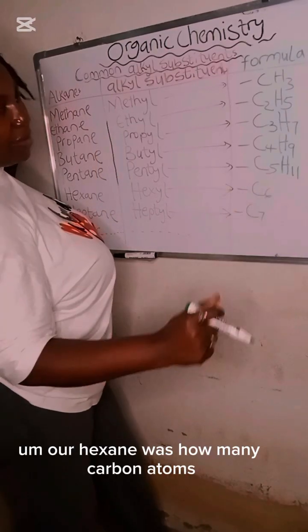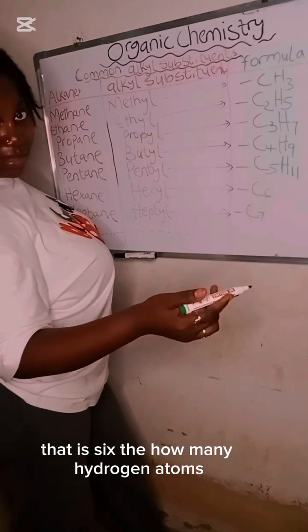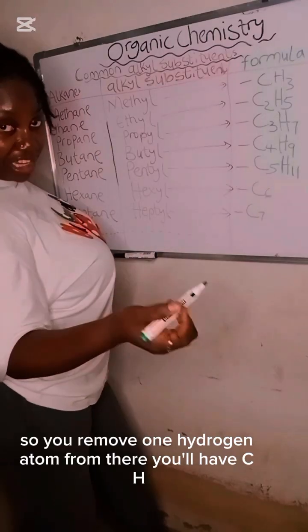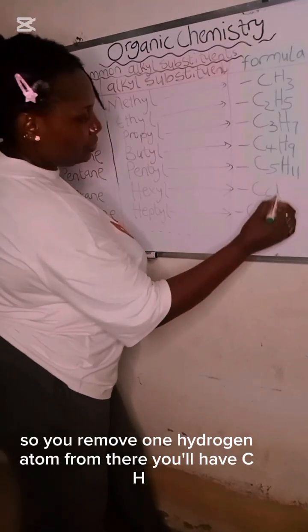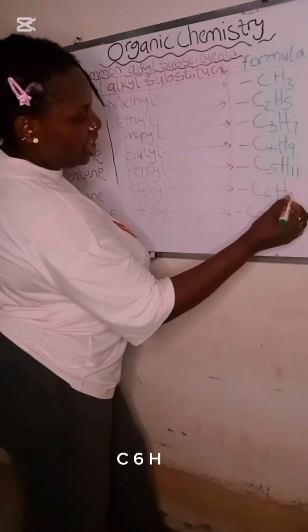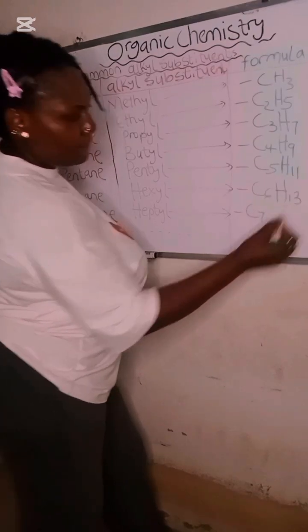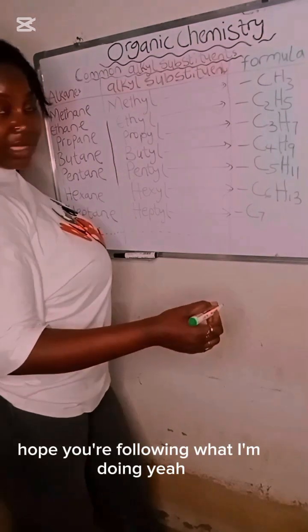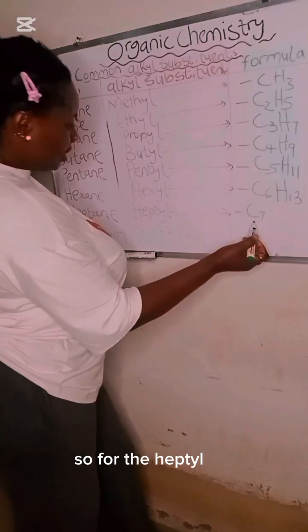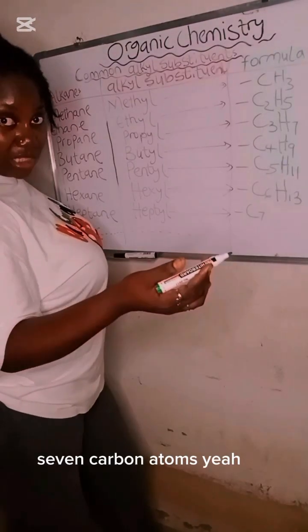Our hexane was how many carbon atoms? That is 6. Then how many hydrogen atoms? 14, right? So if you remove one hydrogen atom from there, you have C6H13. So you are following what I'm doing. Yeah, so for the heptyl, heptane is seven carbon atoms.